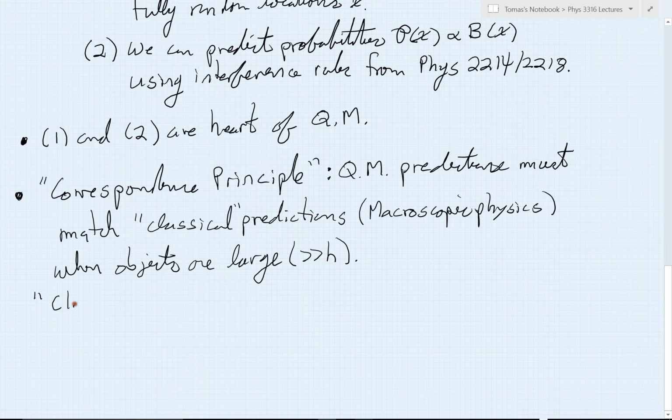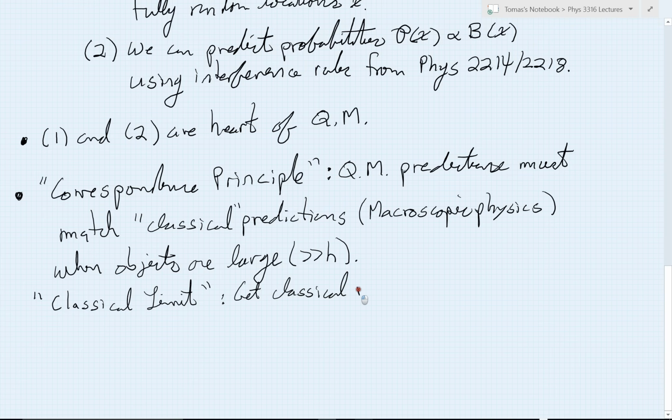Now, associated with this, there's another concept which can make this more mathematically formal. This is something called the classical limit. And the classical limit is a formal mathematical way of quantifying the correspondence principle, is that we have to get classical physics, so the classical result.